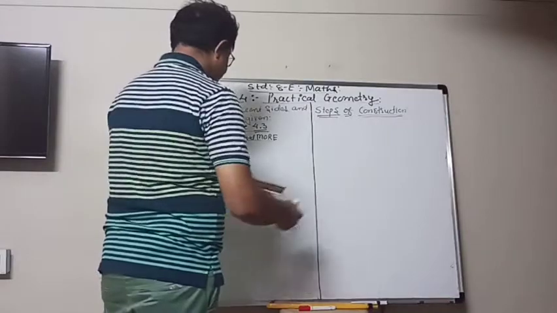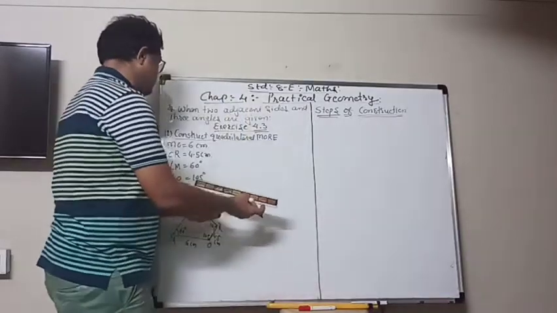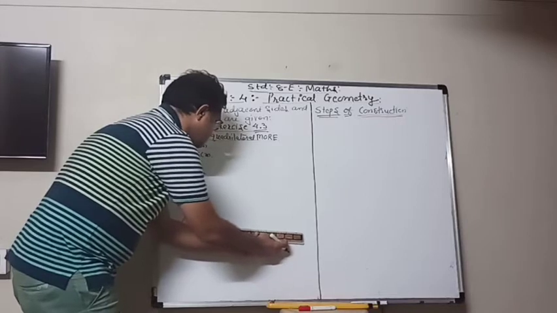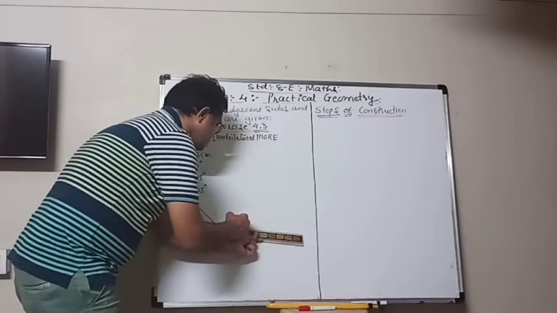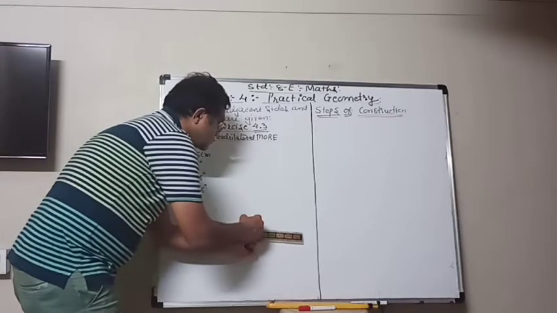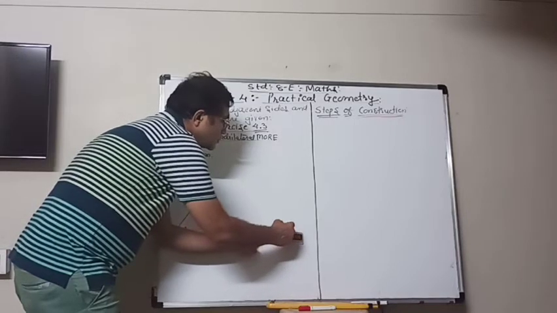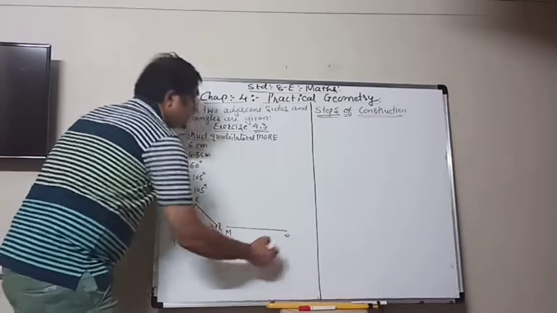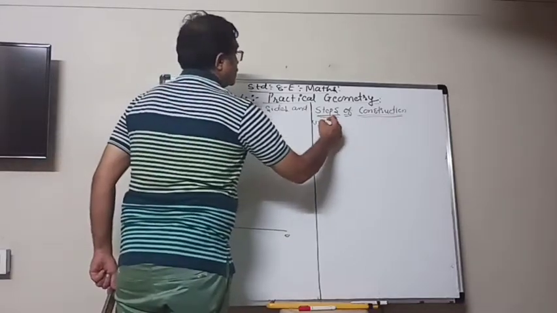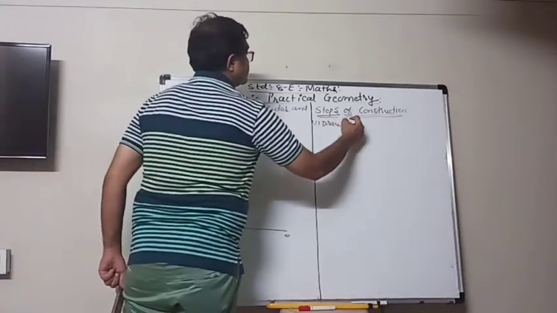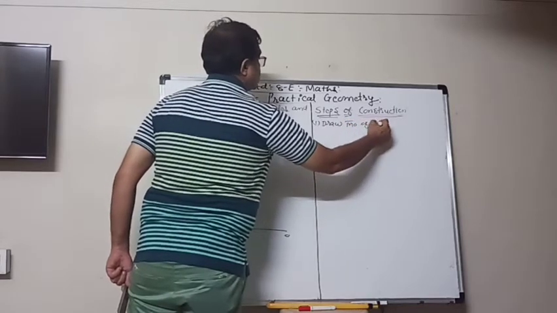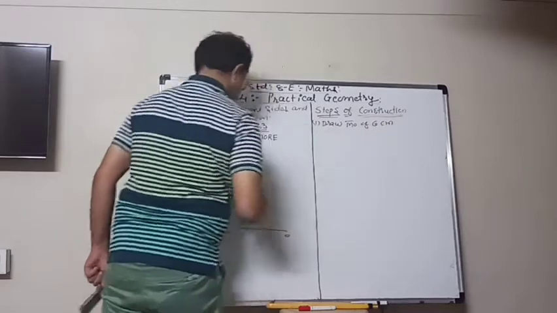So first of all, I will draw a line segment MO of 24 centimeter. So here draw line segment MO of 6 centimeter.